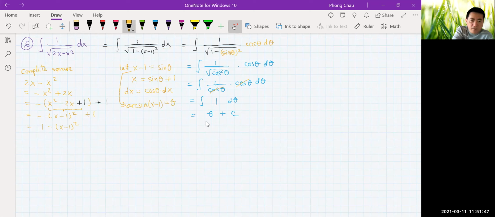Okay, so we're now back to the original variable here. So that is arcsine of x minus 1 plus c. And that is our answer.